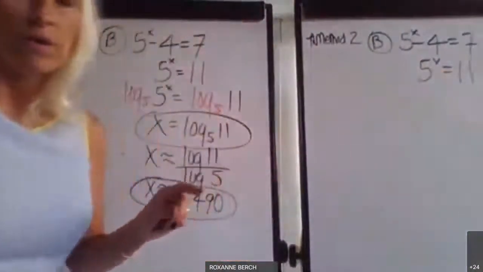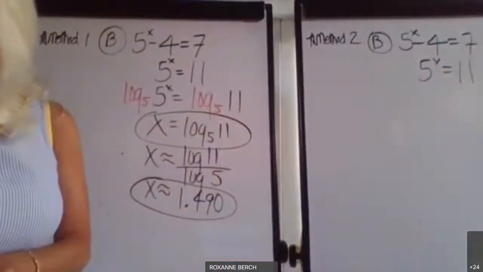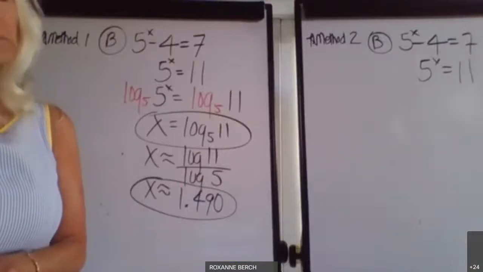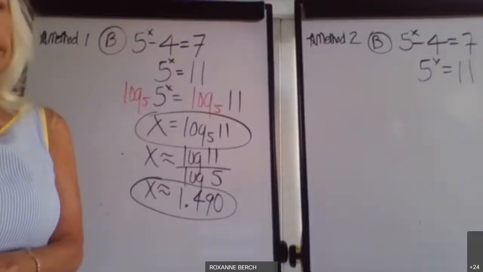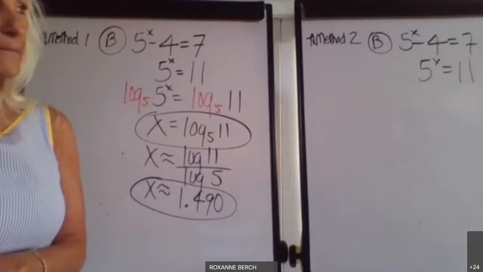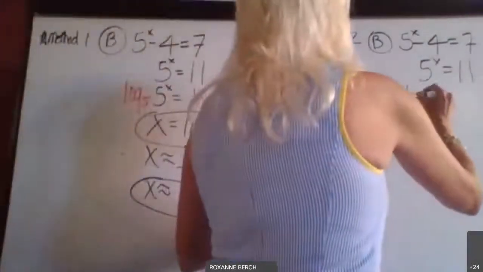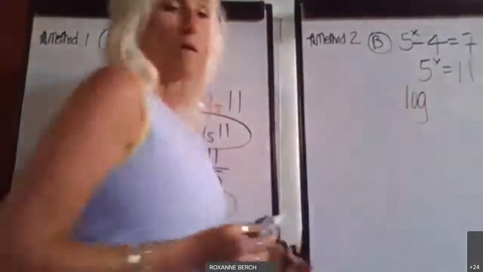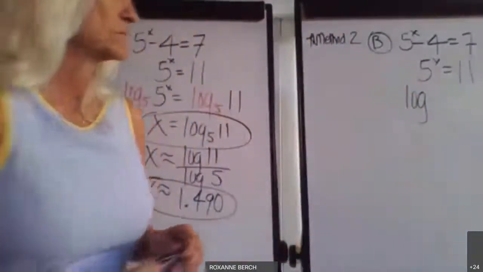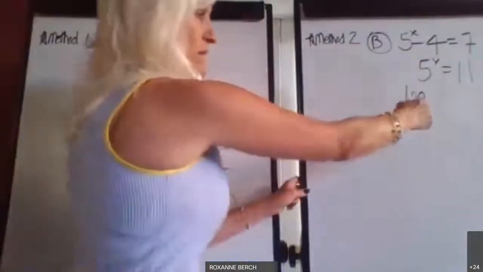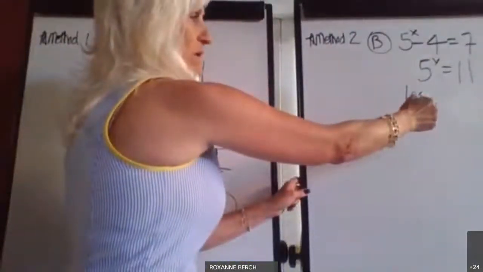And now, how do you write this in logarithmic form? Log base what? 11. Log base 11, 5 equals x, log base of 5.